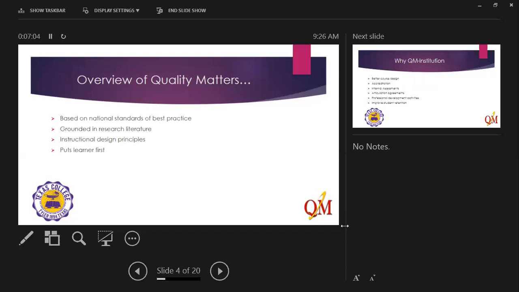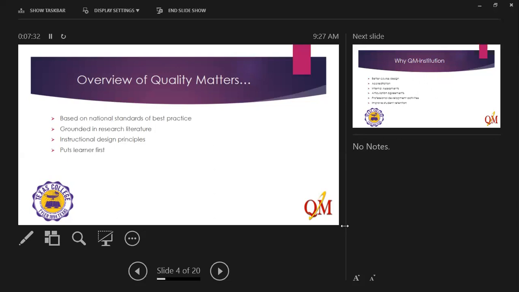Prior to the 6th edition, they had, of course, the first. They go back to the literature and update the rubric to ensure that the courses being designed reflect the current norms.